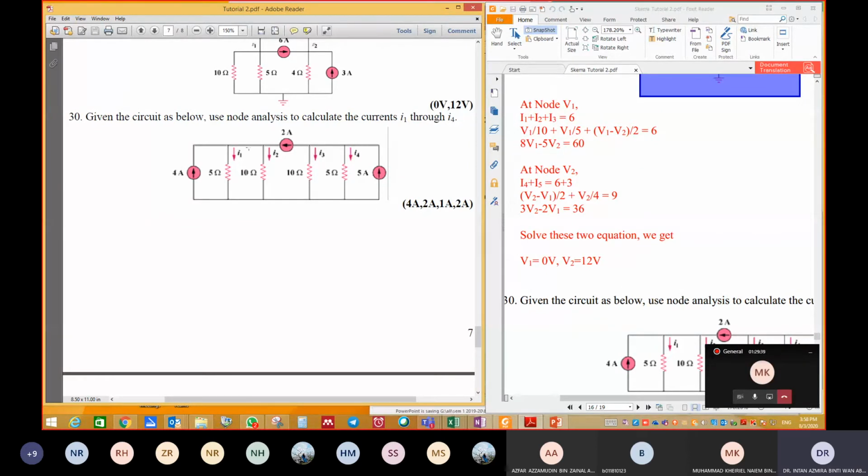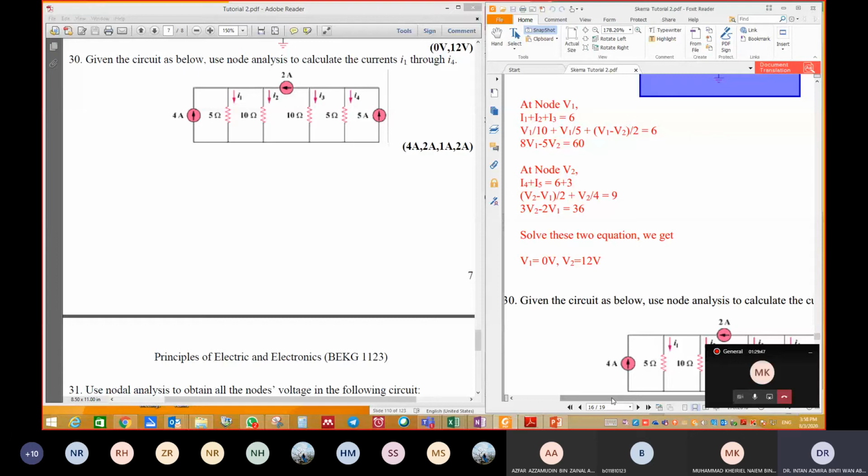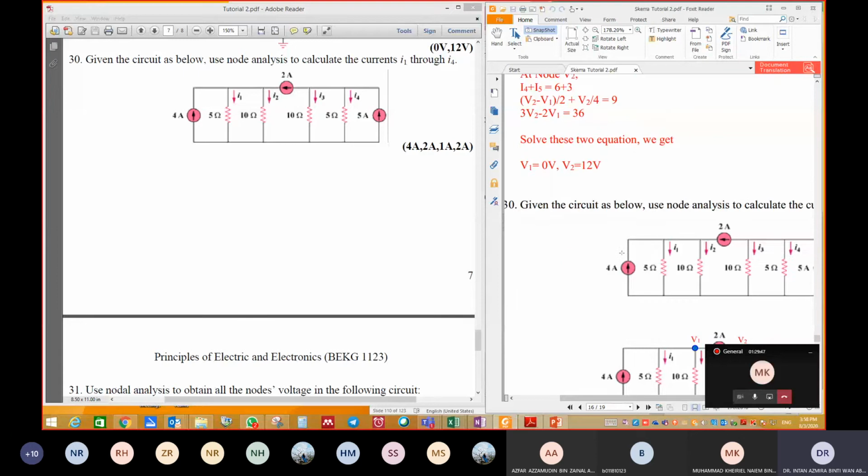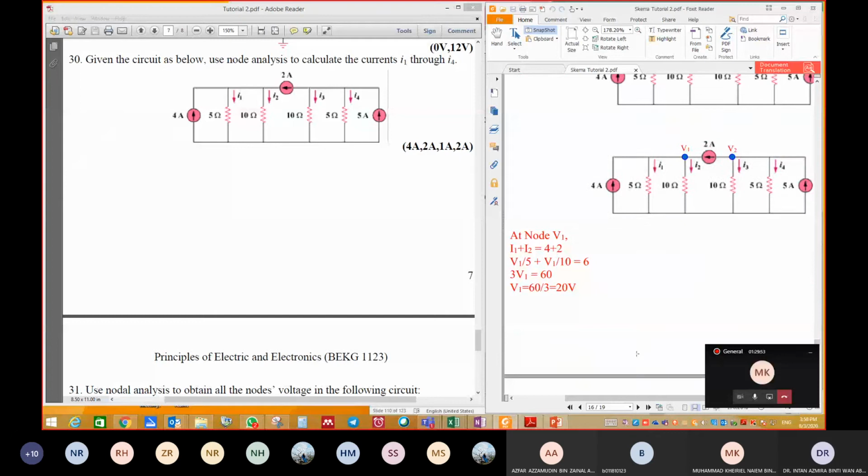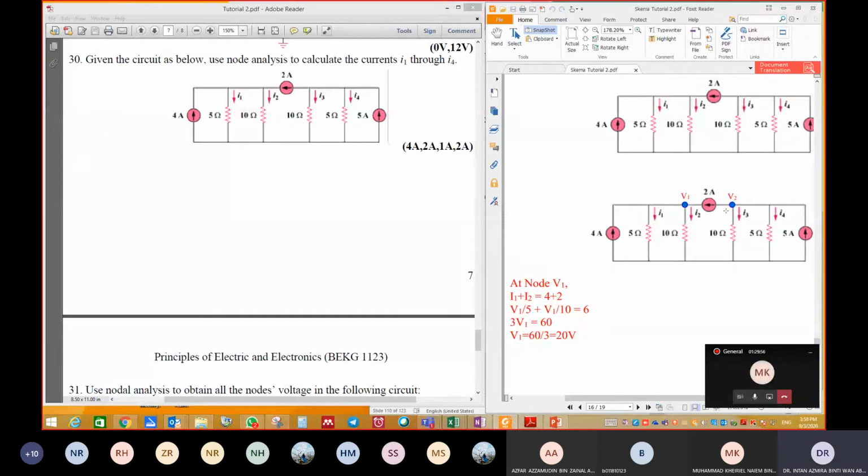This point is shared with this point, I3 shares with this point, so we only have two nodes, V1 and V2, like this.